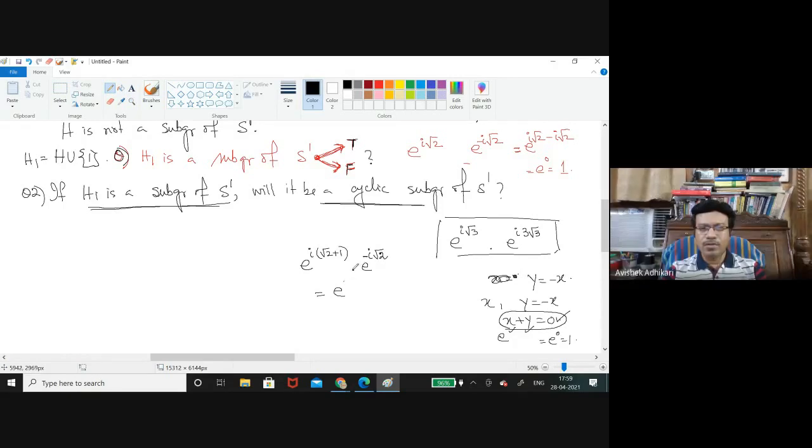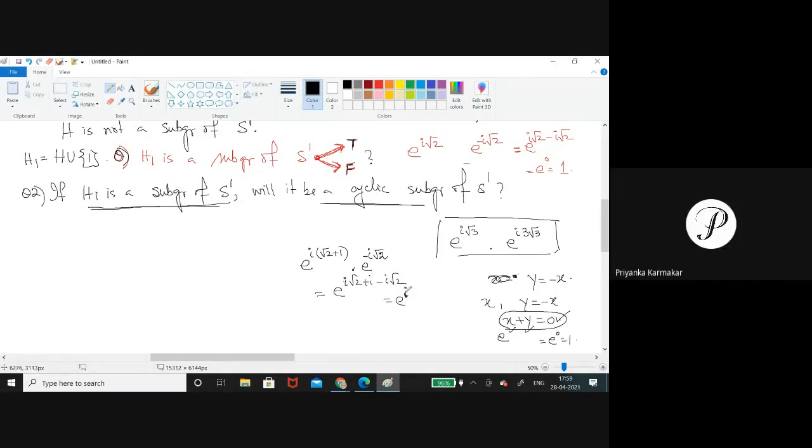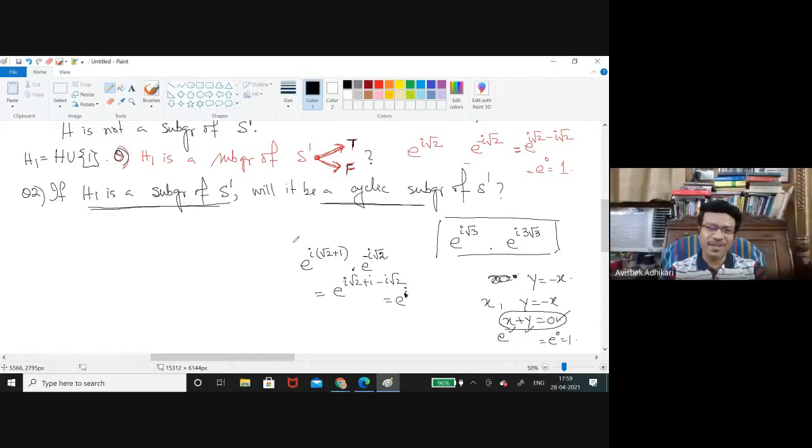Then will the closure property be satisfied? e to the power i root 2 plus 1 minus i root 2 becomes e to the power i. Yes. In that case, it is not a group actually, I mean, not a subgroup. Very good, now you get this answer. So it's not even a group, because the closure property is not satisfied here.